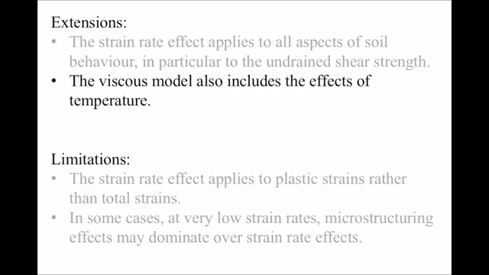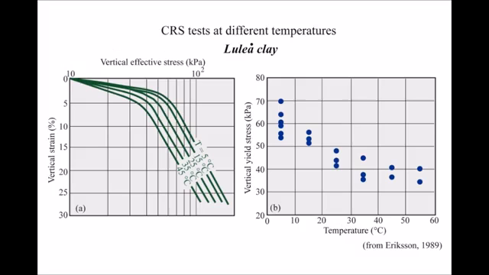Another extension is that the viscous model, the strain rate model, can also include the effects of temperature. And this has been shown by several people, but in particular by Eriksson, who performed CRS tests on the Swedish clay at different temperatures. And the results are shown here.